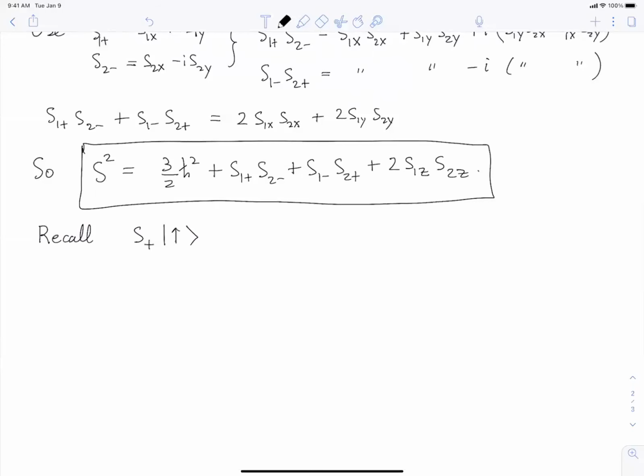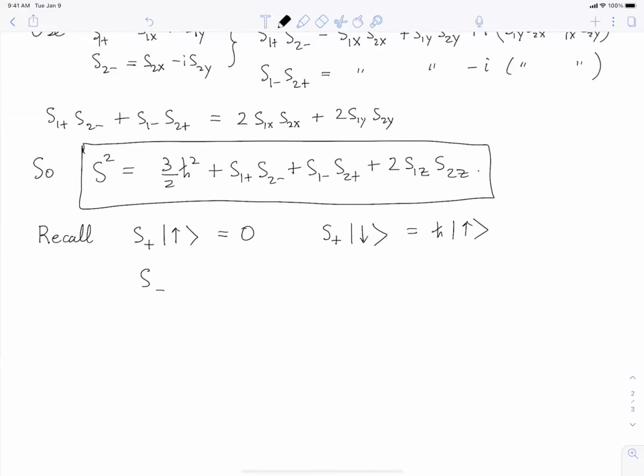S plus acting on up arrow is just 0. That's saying if it's already pointing up and you try to increase the eigenvalue, it can't be done, so it gives 0. But if I raise the lowered spin state, I get h bar times the raised spin state.